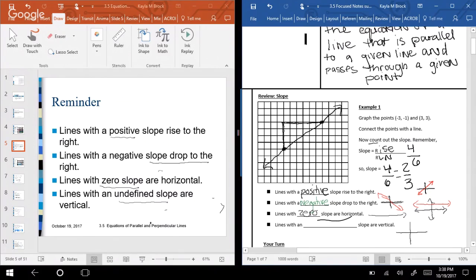And then lines with an undefined slope are vertical. And so this type of slope would look like this.